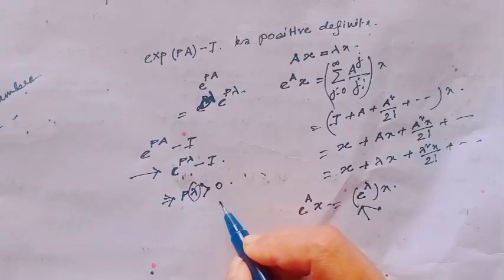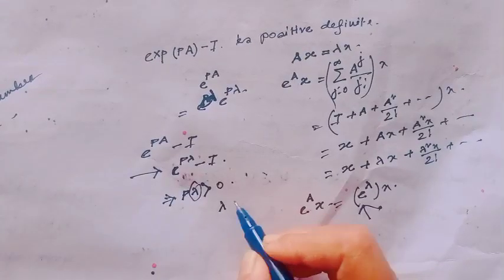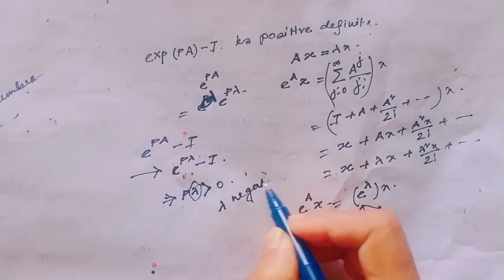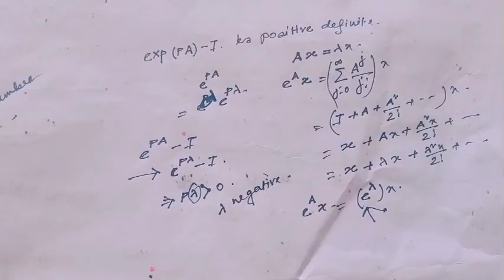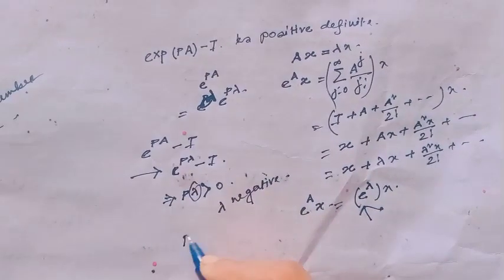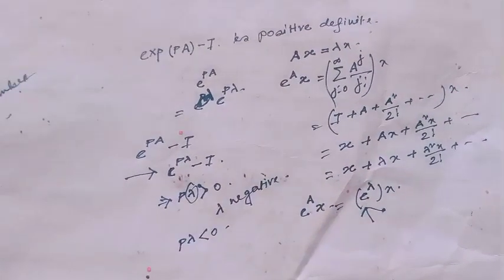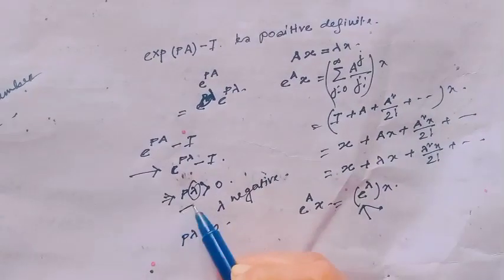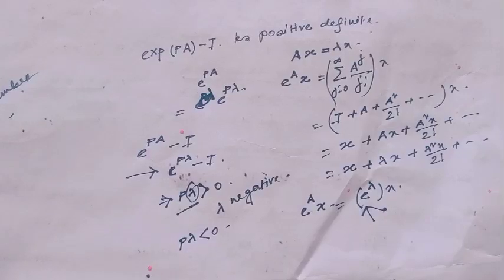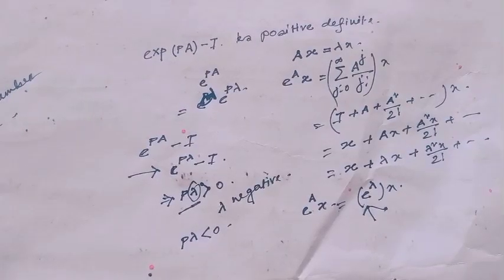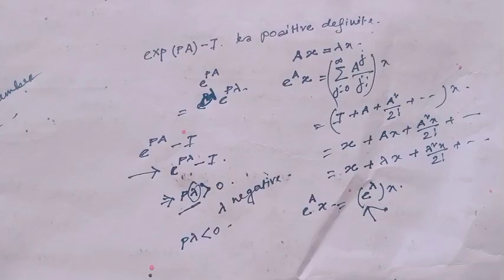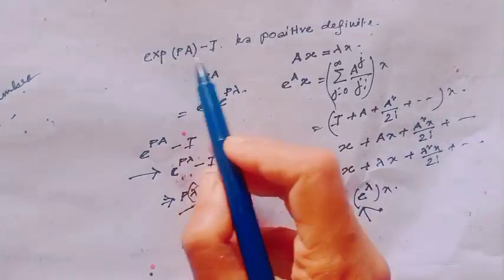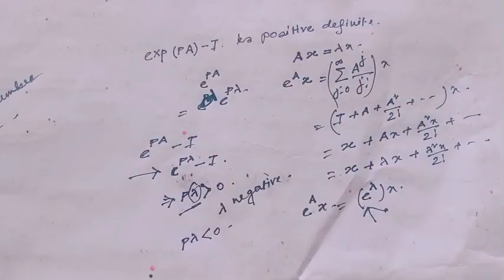For negative lambda, p lambda would be negative. Therefore, p lambda would be greater than 0 only when lambda is a positive eigenvalue. Otherwise, this is not possible.